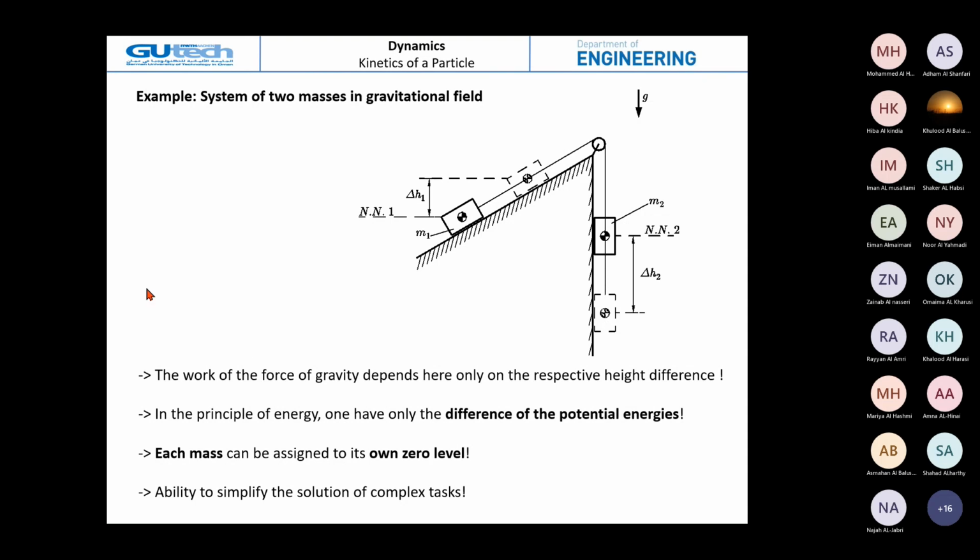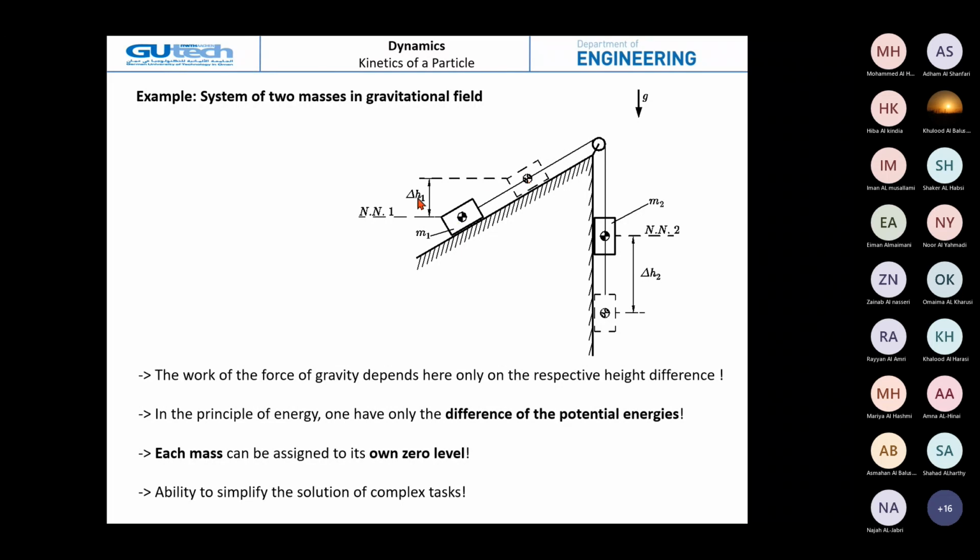Now, the work of the force of gravity depends only on the respective height difference. If the mass m1 moves to this position, there will be a height difference between the actual position and the initial position.